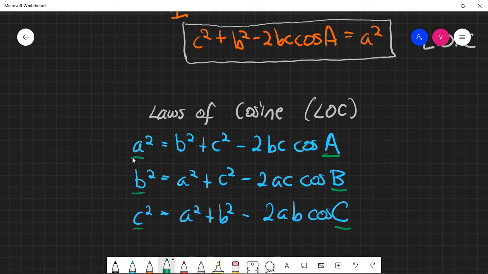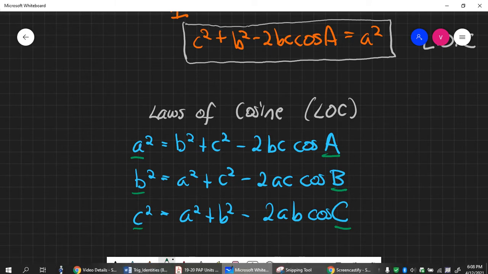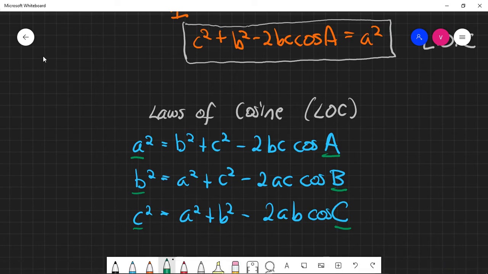So if you're looking for side A, you use the other 2 sides that you're given, the B and the C, and the angle in between. If you're looking for the side B, you're using the other 2 sides, and the cosine of B. Same with the C. These are to find the sides, and we'll talk about finding angles later.